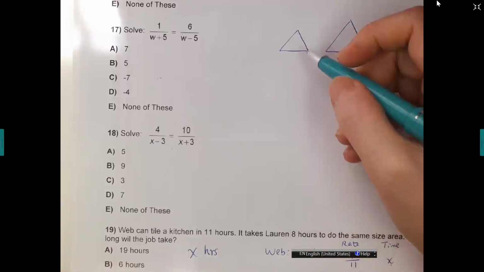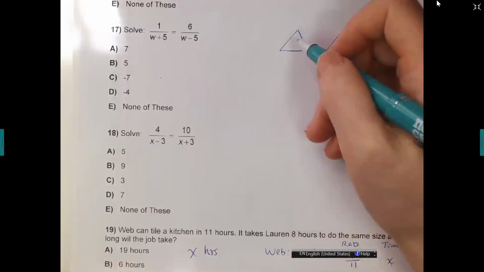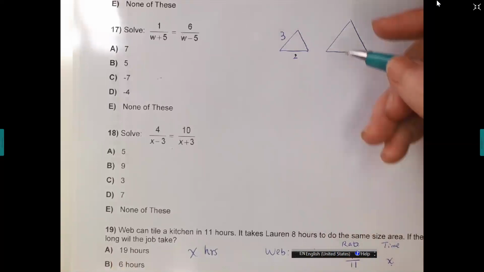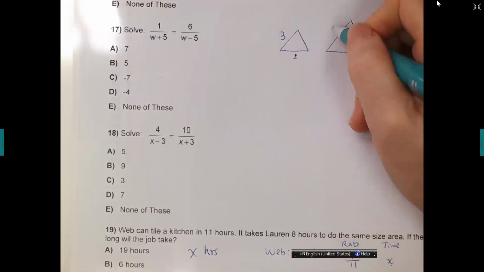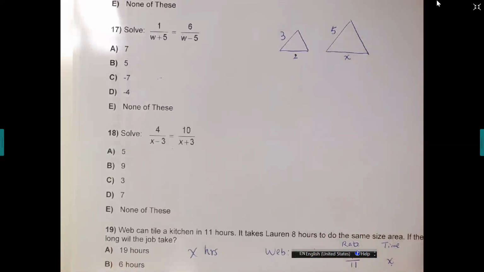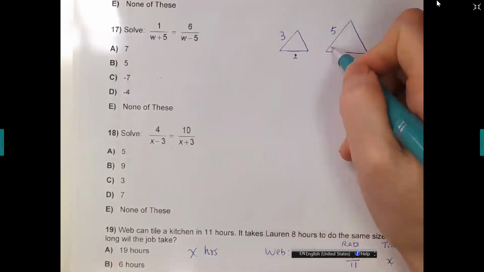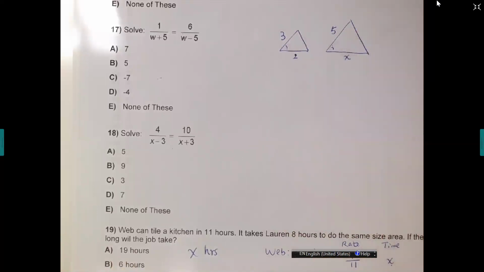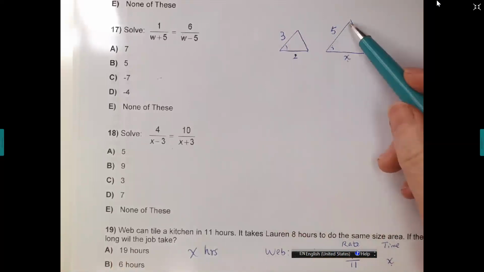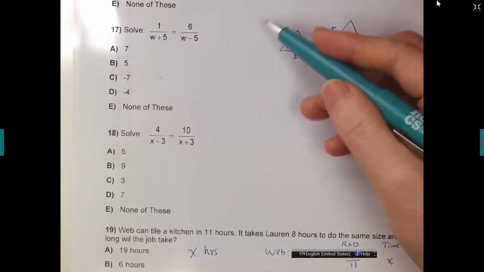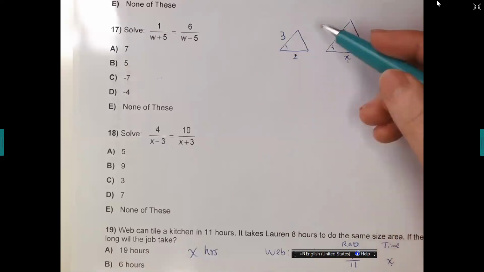In the smaller triangle, I know this side is 2 and this side is 3. In the bigger triangle, I know this side is 5, and I don't know the other side. I want to know how long that side of the bigger triangle is.